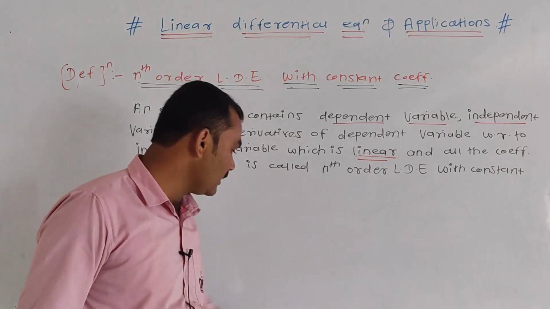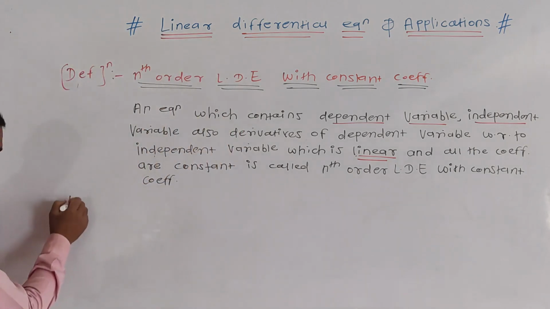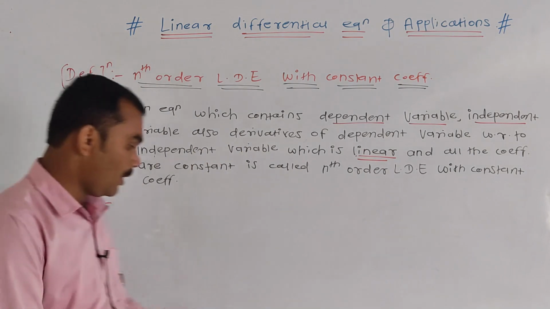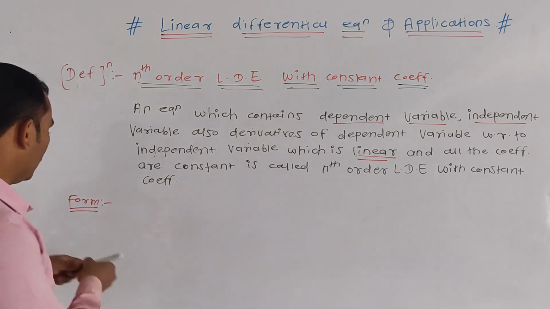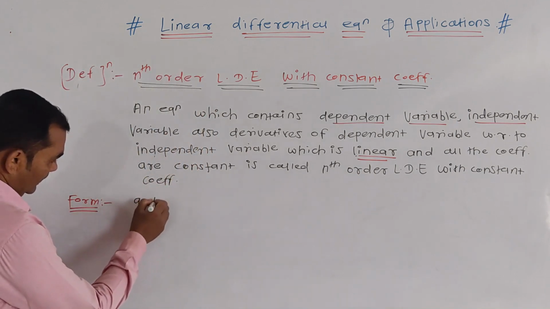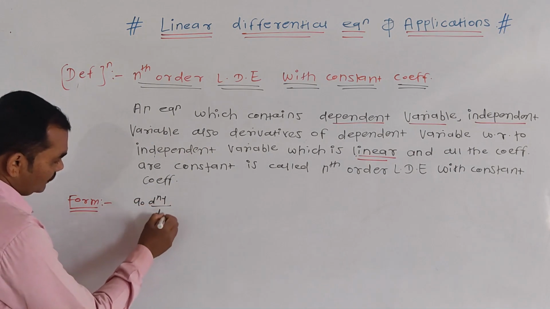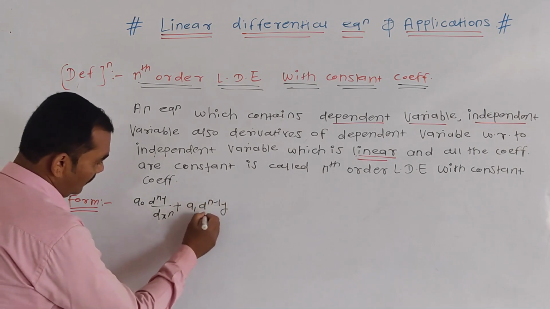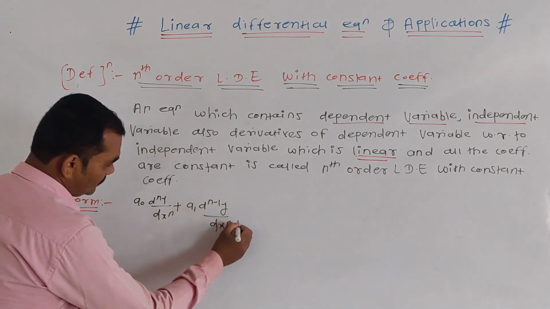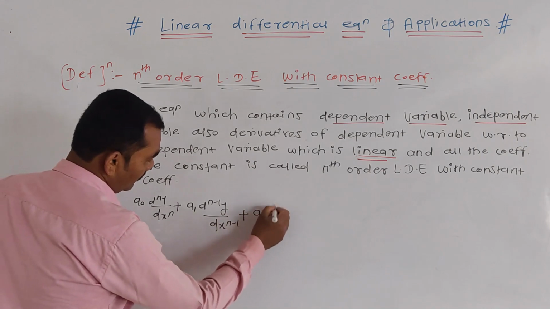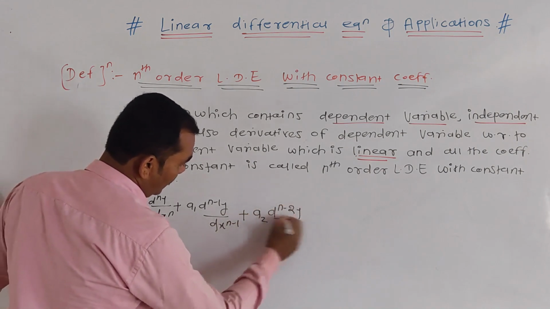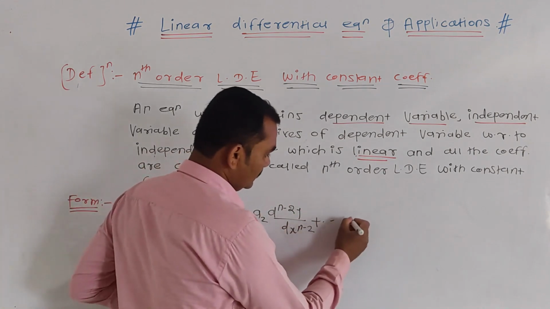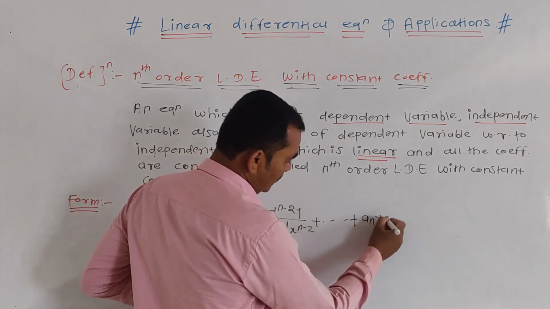Now the form of the equation. Look, what is its form? Form of the equation: a0 d raised to n y upon dx raised to n plus a1 d raised to n minus 1 y upon dx raised to n minus 1 plus a2 d raised to n minus 2 y upon dx raised to n minus 2 plus dot dot dot an y is equal to f of x.